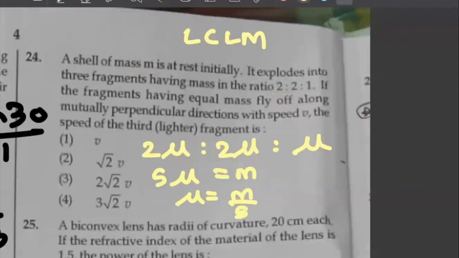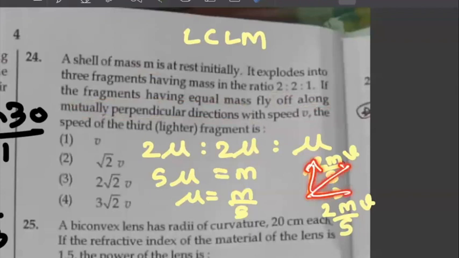If the fragments having equal mass fly off along mutually perpendicular directions with speed v, one is going this way, one is going this way. The equal mass is basically 2 mu, so 2m by 5. So 2m by 5 times v, and again 2m by 5 times v. And the speed of the third is what? If these two have a momentum in this direction, the resultant is this way. So the third one should have momentum in the opposite direction.